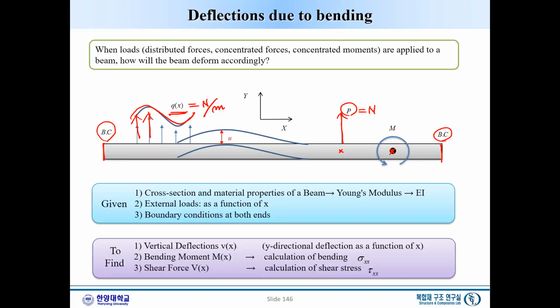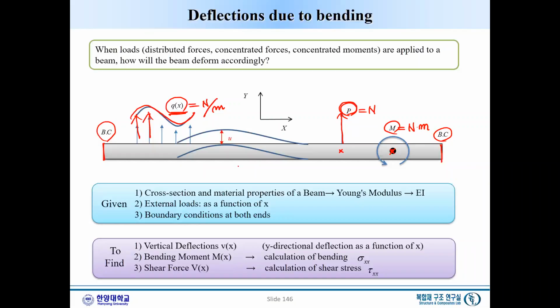This moment can be applied not only in the middle of the beam, but also at an end. That was the case we considered in the previous chapter. So the unit should be Newton times meter, because simply it is a moment. Again, there are three types of load: distributed load, concentrated load, and concentrated moment.